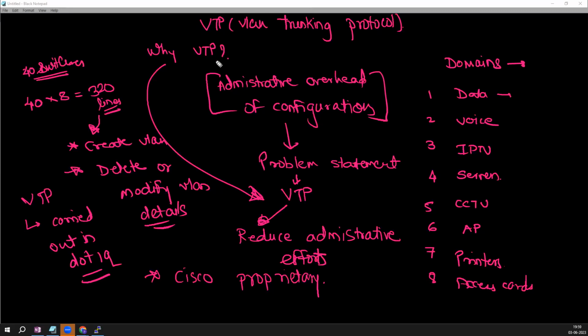Now, whenever a VTP frame is generated, what would be the source MAC and the destination MAC? Source MAC is going to be the interface MAC. What is going to be the destination MAC? Anyone?